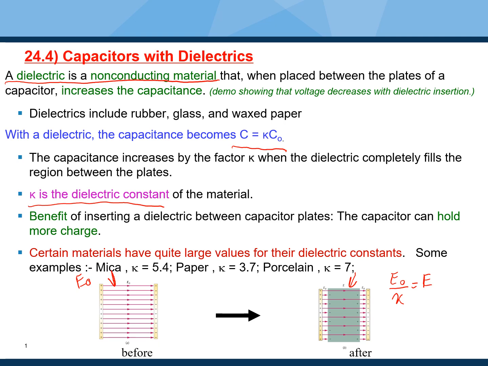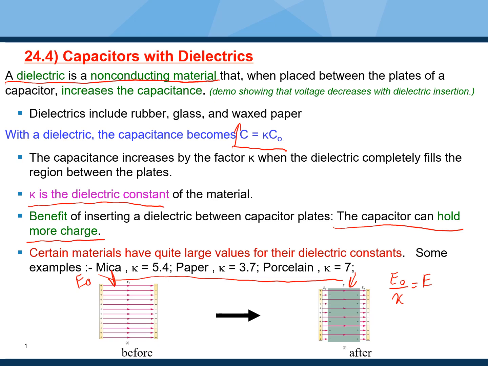Some materials which are non-conducting, like mica or paper or indeed porcelain, will have actually a very large dielectric constant, which basically means that it's beneficial to insert those materials between the plates of a capacitor, because by doing so you are actually increasing the capacitance of the capacitor, and in doing so you are creating a situation where the capacitor can hold a larger amount of charge. So that is the point of inserting dielectric materials between the plates of the capacitor.